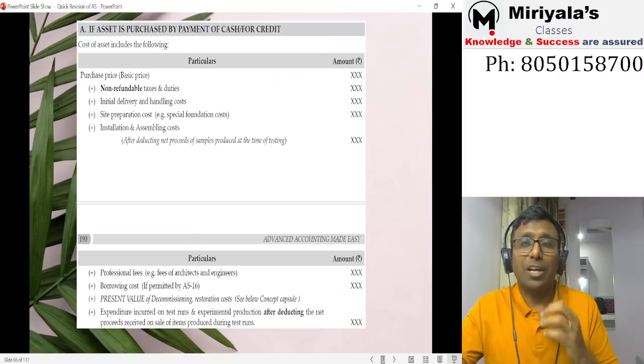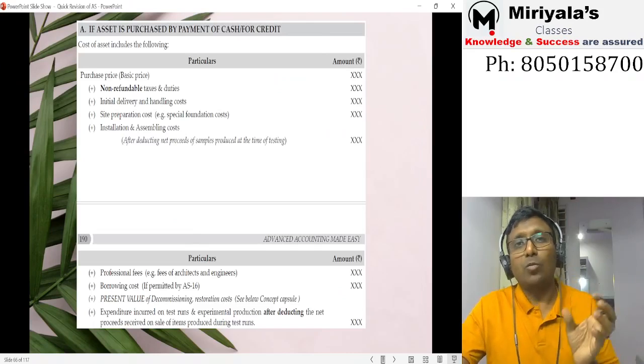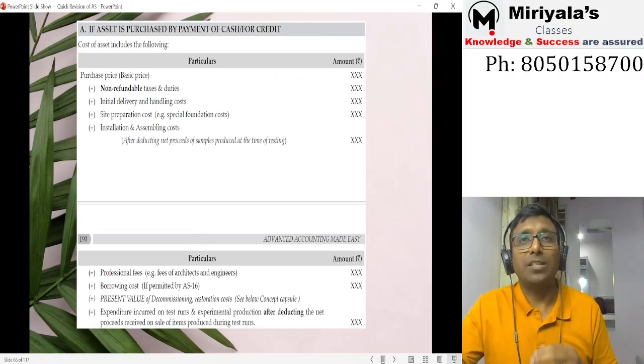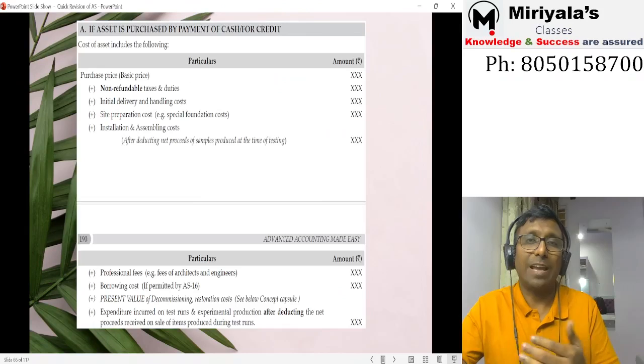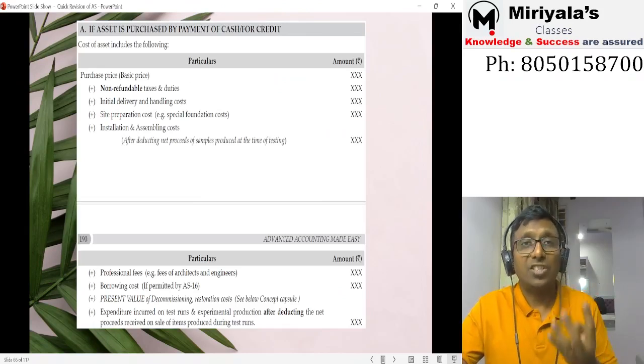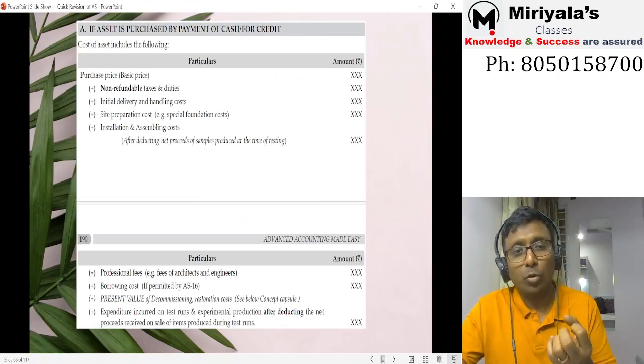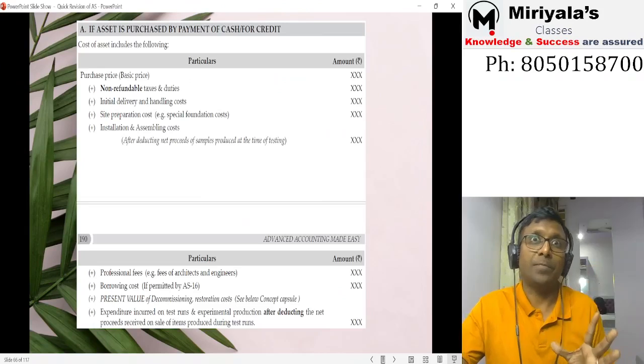Suppose I paid cash, or I have taken a loan and purchased it, what should I do? What is the basic cost? That is the purchase price plus non-refundable taxes, until the asset comes to your place, plus installation and trial run expenditure and the present value of decommissioning, which is discussed under accounting standard 29.